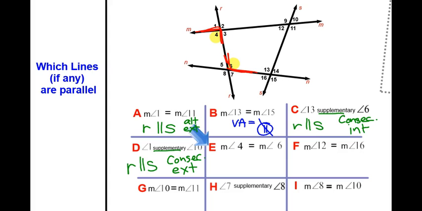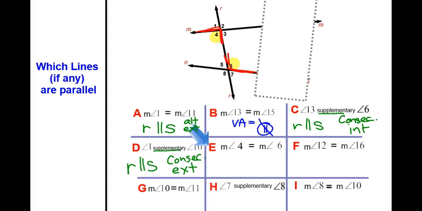Noticing that we don't have anything on the right-hand side of the picture. Those two angles right there make the Z, and those are alternate interior angles. And I do remember that those are supposed to be equal, so my parallel lines are M and N.